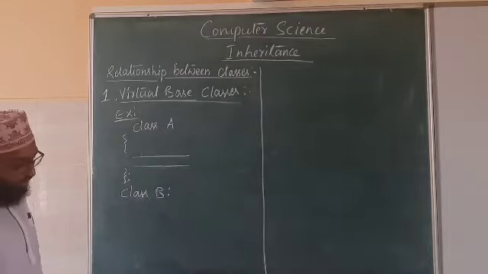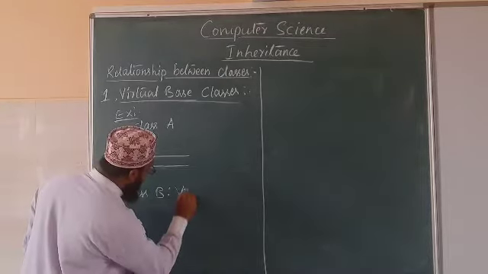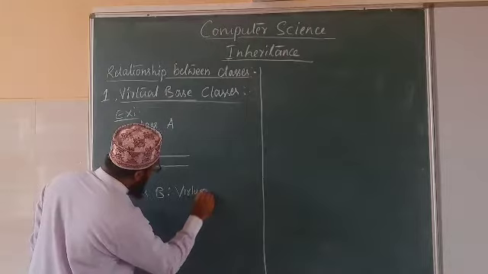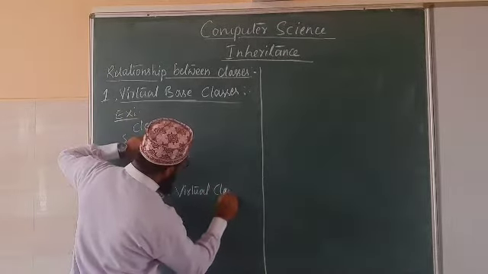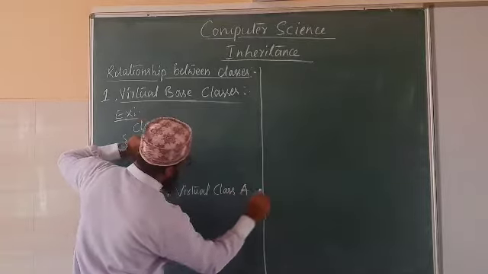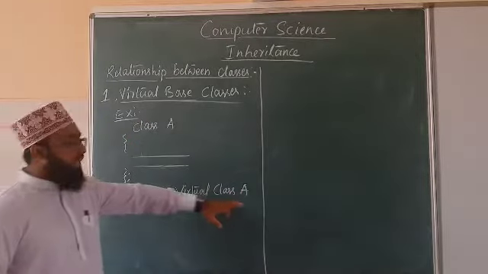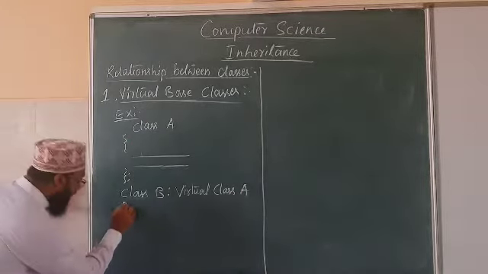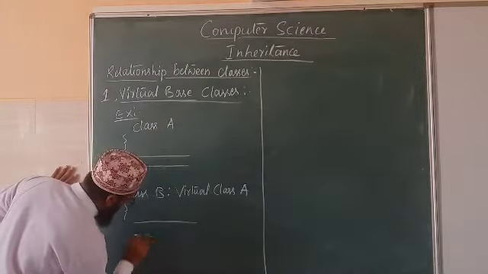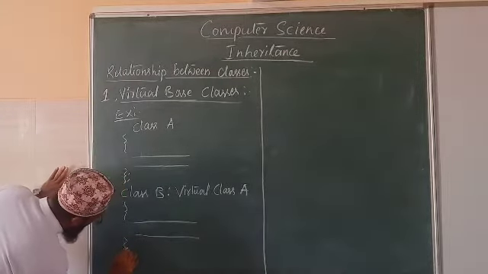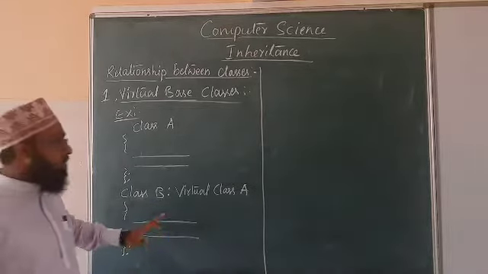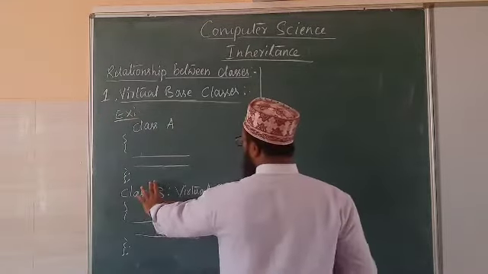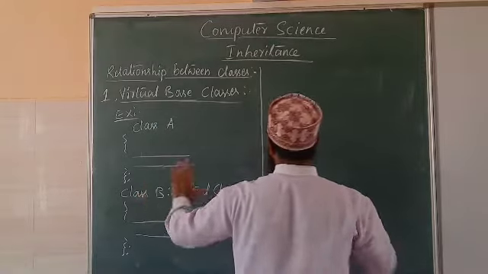Then we have to use virtual, then virtual class A, that is the virtual base class. Then open the class. Then repeat the same things here, maybe include the same functions and data members. Class B is derived.